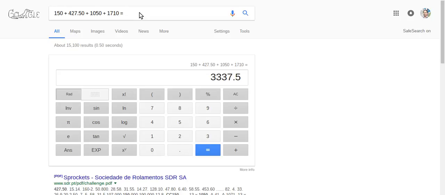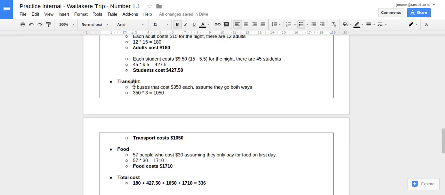And I made a mistake because I put up here adults are 150, they should be 180. So the total cost is actually plus 30. The total cost is actually 3367.5. So total cost is $3,367.50.